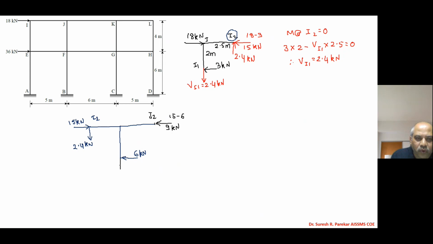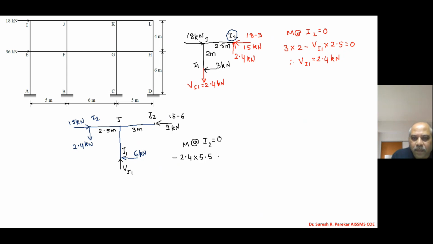Now we will take moment about J2. We will consider this force. This is joint J, so automatically this will be J1, and then we have VJ1. Now I will take moment about J2 equal to 0. Then we have minus 2.4, with this distance 2.5 meters and this distance 3 meters, so 2.4 into 5.5.